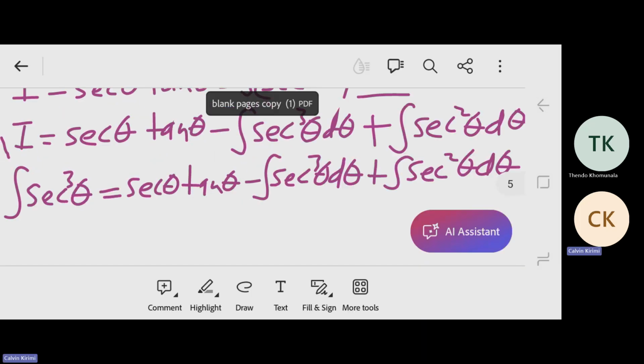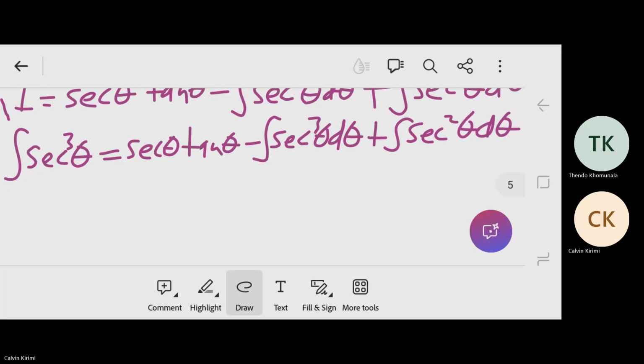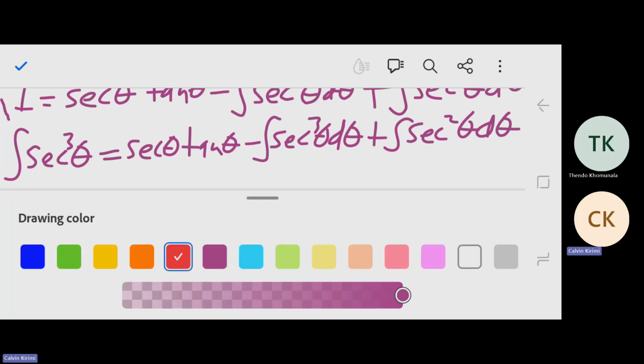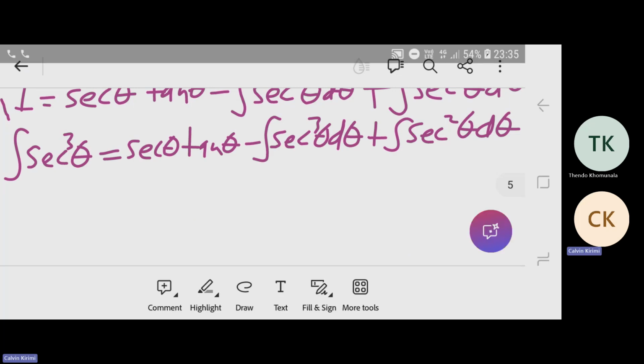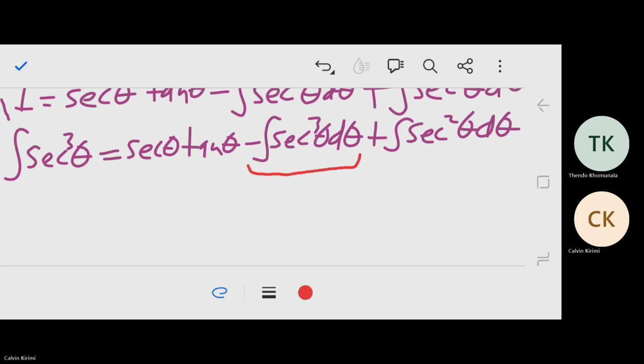So we are having that. Now we can see that there are two things common on the left and on the right. What is common on the left? Let's underline it. It's negative, common here.